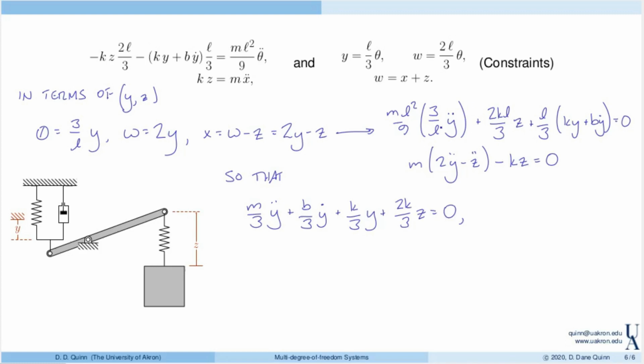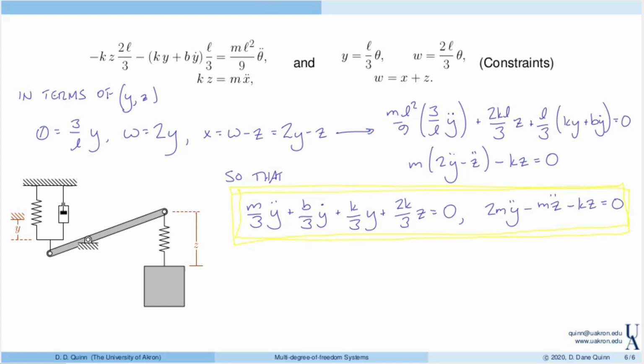So that's this first equation. And then the second equation can be written as 2m y double dot minus m z double dot minus k times z equals 0. So now these are our equations of motion, written in terms of y and z.